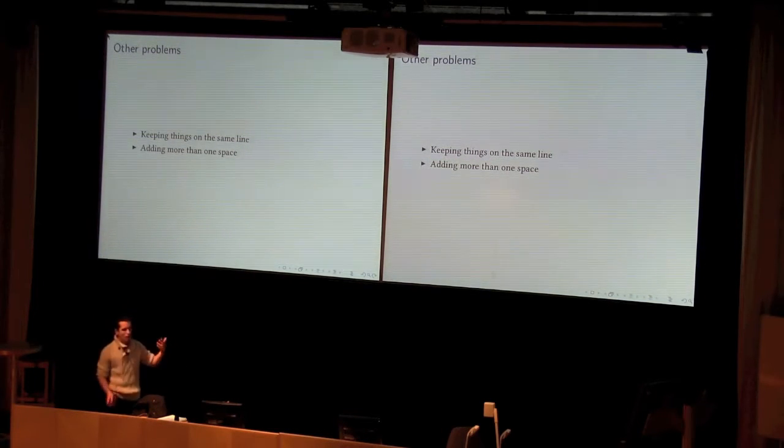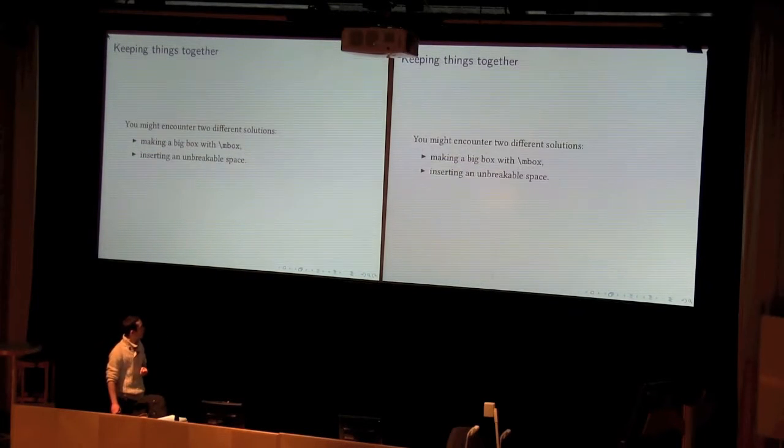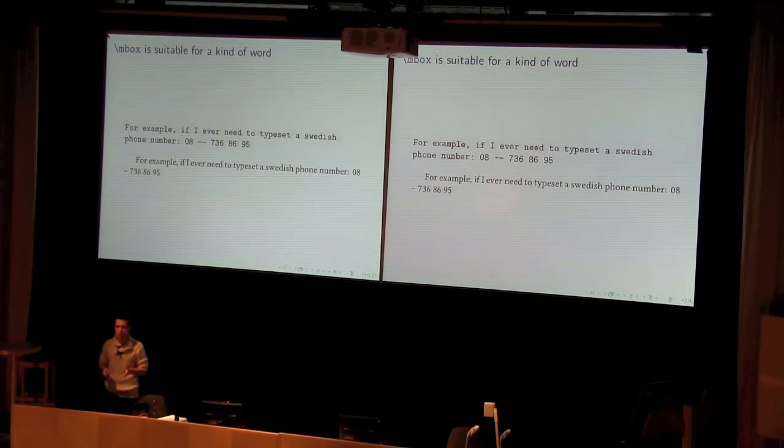So how do we do if we want to put more than 1 space? You have 2 different solutions, which are quite equivalent. First, here is the problem. We have a phone number, okay? The output is not exactly what you want. In fact, I forgot a point here. But also the phone number is broken in 2 parts, which is not really what you want.